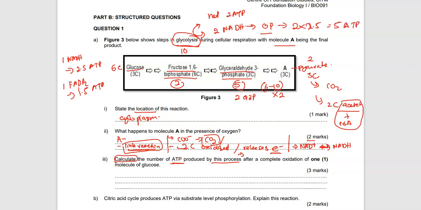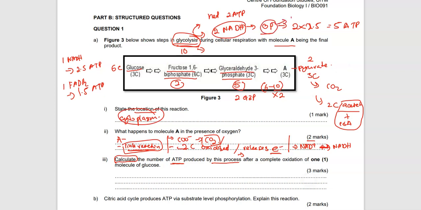But the synthesis of NADH during glycolysis occurs in the cytoplasm. Oxidative phosphorylation, as you know, occurs in the mitochondria. So the NADH molecule that was produced in the cytoplasm cannot enter into the mitochondria, but instead the electron from the NADH molecule will be passed to the electron shuttle that is found in the inner membrane of mitochondria.